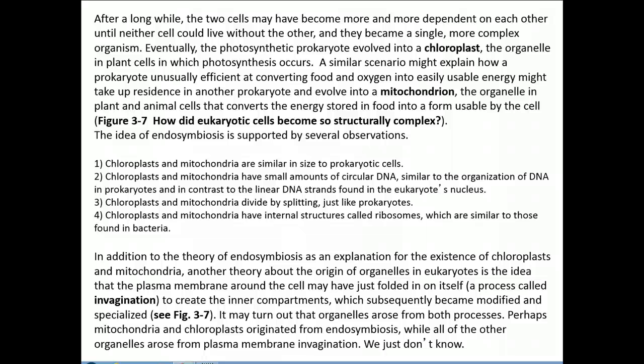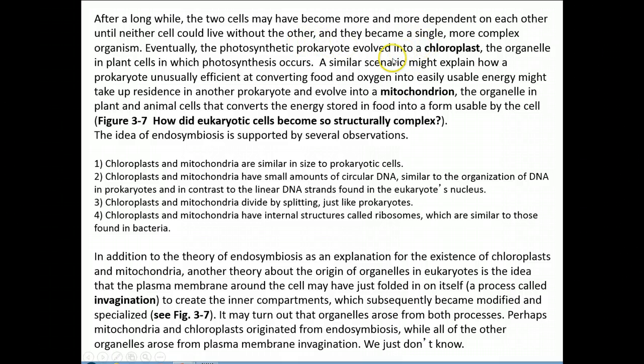Now, to throw some text at you, and this is in your book in Figure 3.7, but I just wanted to be complete, and of course to make sure that we cover some of these key words. You should become familiar with these words as you work in your textbook, and highlight these sorts of words so that you get more and more familiar with the vocabulary. So two cells that may have become more independent from each other could not live without each other.